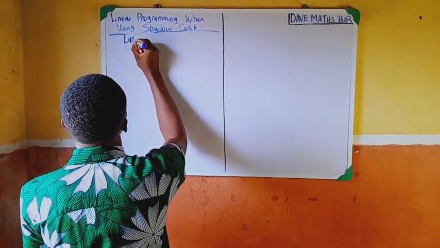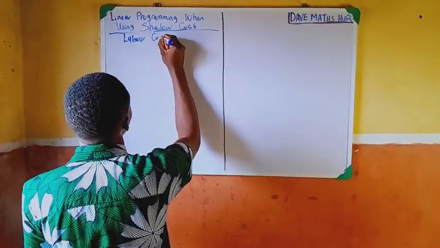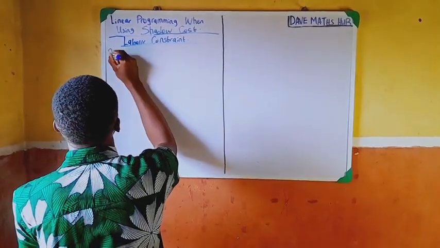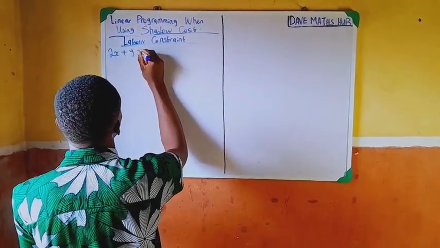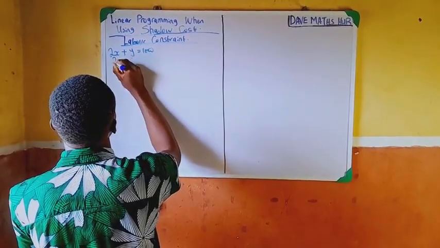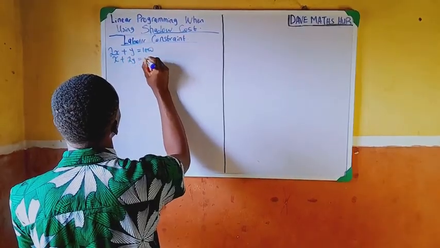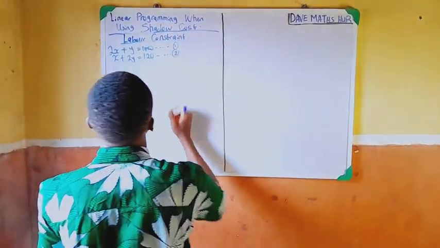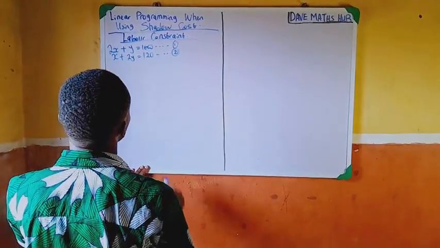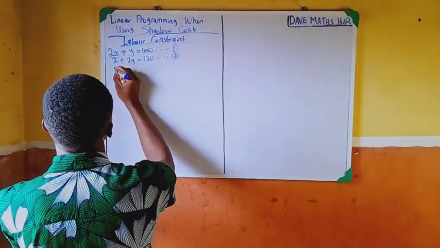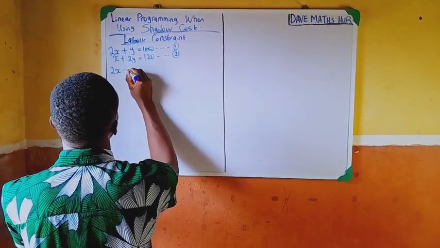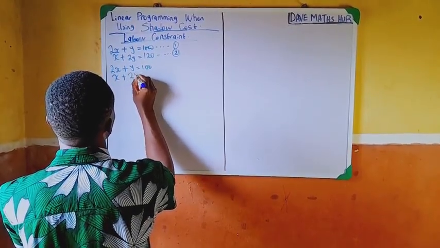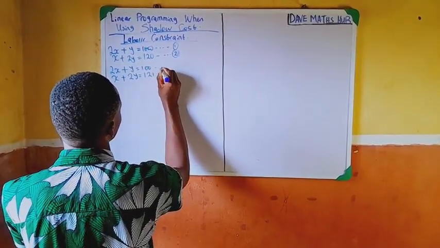Now for labor constraints. Where we have 2x plus y equals 100 and x plus 2y equals 120. This becomes equation 1, equation 2. So since we are dealing with labor constraints, the additional unit will be for the one under. So this will be 2x plus y equals 100 and x plus 2y equals 121.